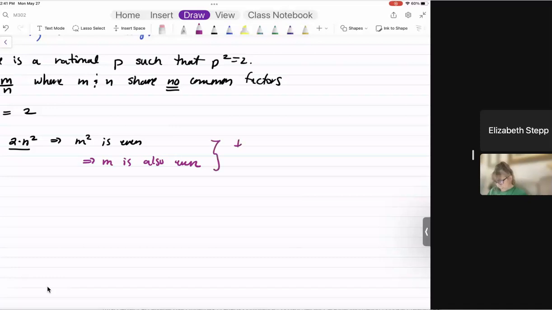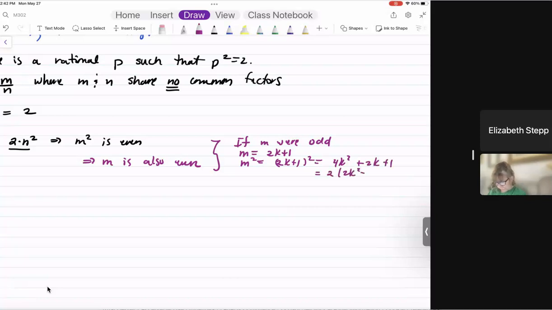If m were odd, that is not even, because an integer can only be even or odd, then m would be equal to 2k plus 1 for some integer k, and m squared would be (2k plus 1) squared, which is 4k squared plus 4k plus 1, or 2 times (2k squared plus 2k) plus 1, where that is an integer.